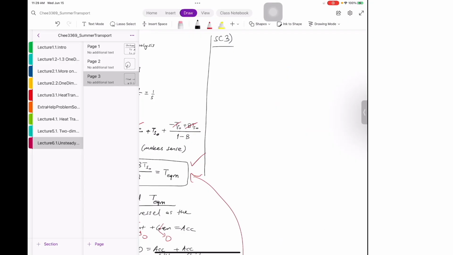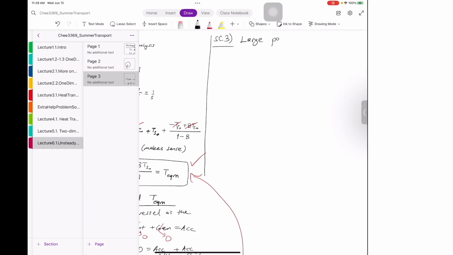What kind of limiting cases can you think about? What extreme cases can you think about? Okay, if you don't have any idea, let me actually start the discussion.